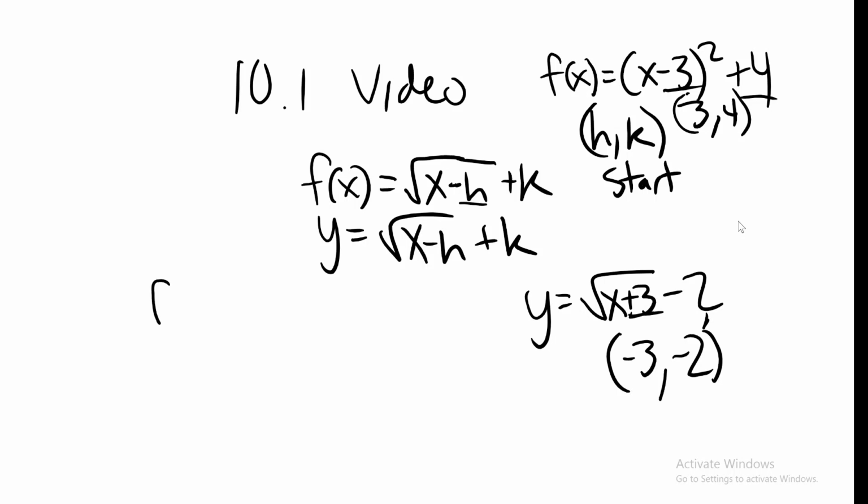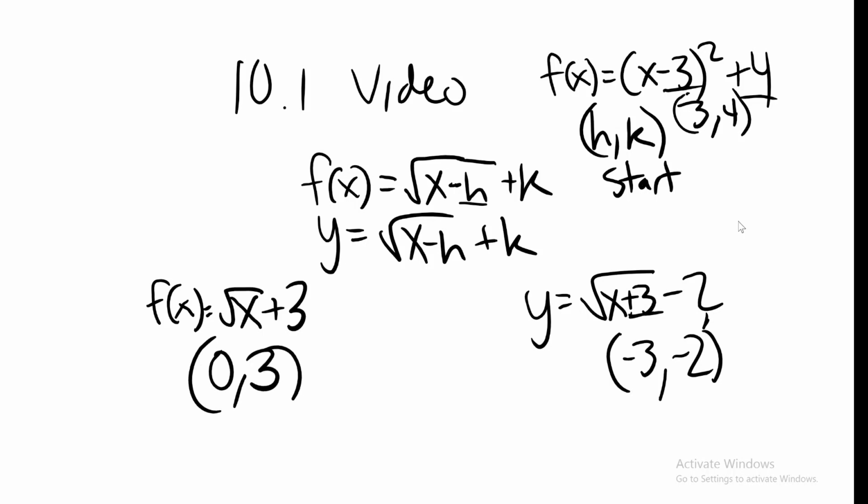So another little example, if I have f of x equals the square root of x plus 3, the number that's added on the inside is 0, so it'd be 0, comma 3. Done. That would be where this thing starts.